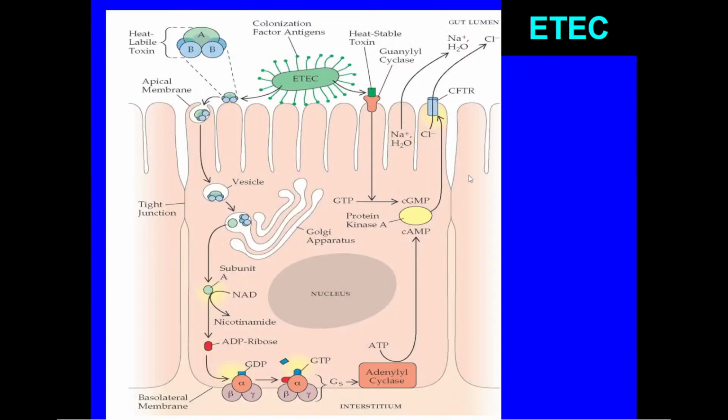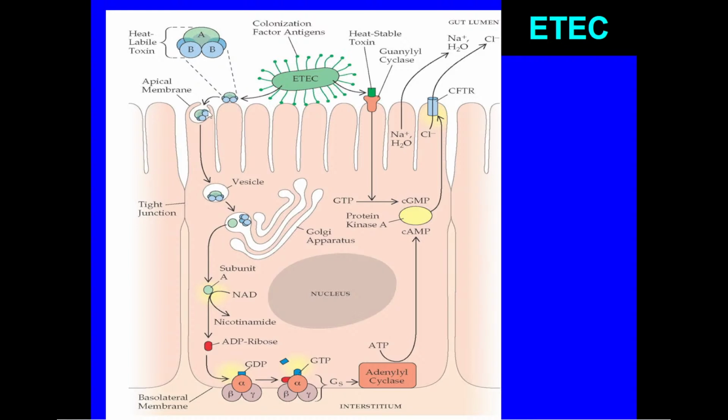How does it work? You can see that the enterotoxigenic Escherichia attach to the microvilli of the epithelial cells of the upper intestinal tract. Then they start producing a soluble factor, that is heat labile toxin, that consists of 1 A subunit and 5 B subunits.